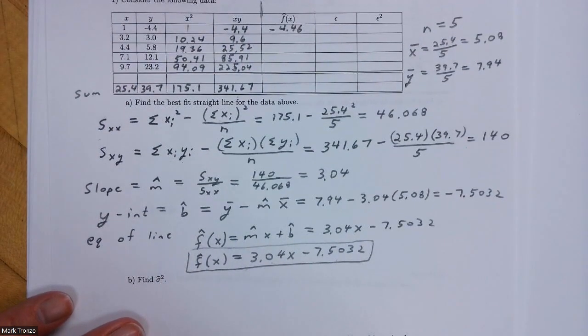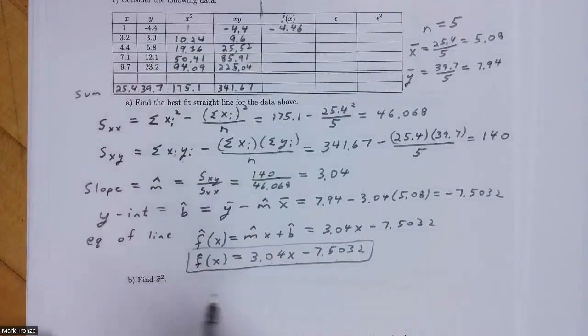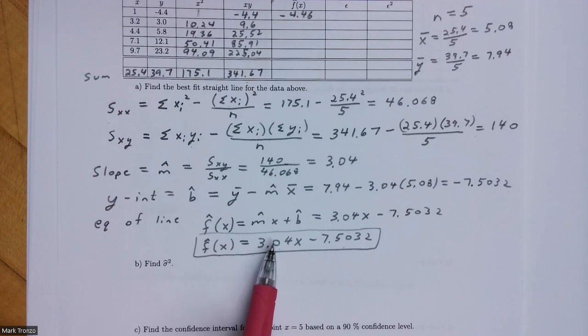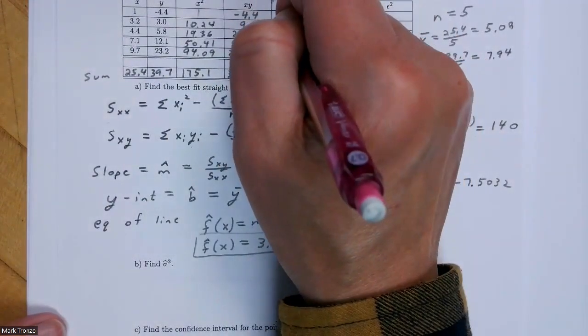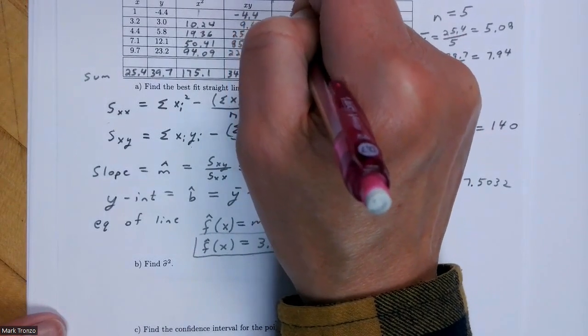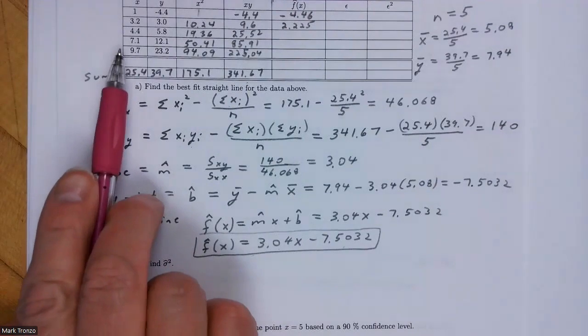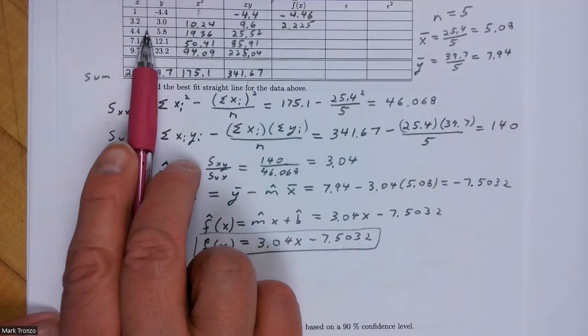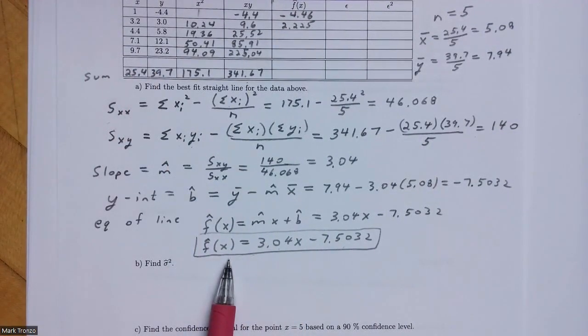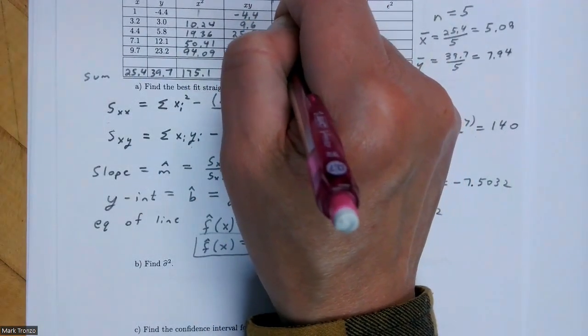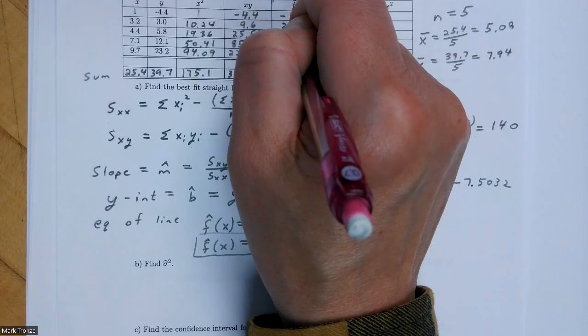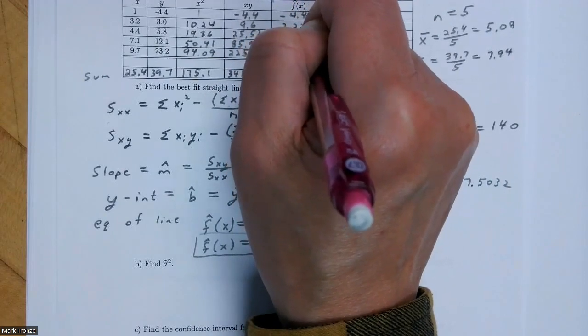Then the next one, 3.2: put 3.2 into this equation and you get 2.225. Then put 4.4 into here, and you get 5.873.